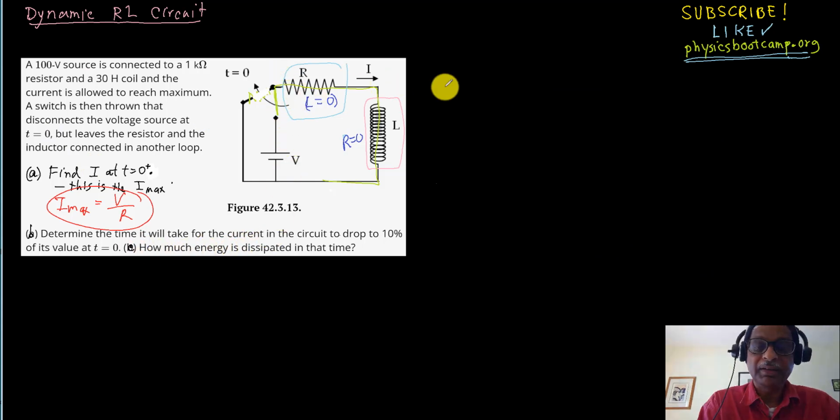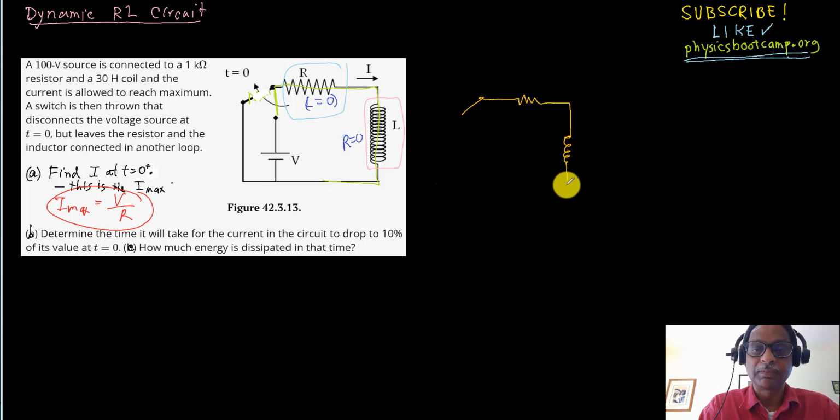Now the circuit is actually this, and the current is also a new current.